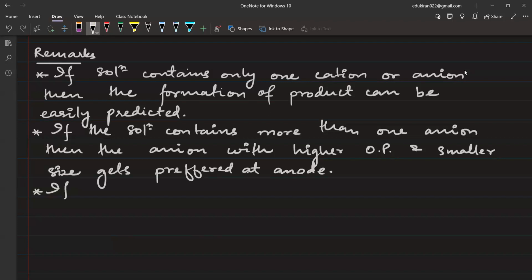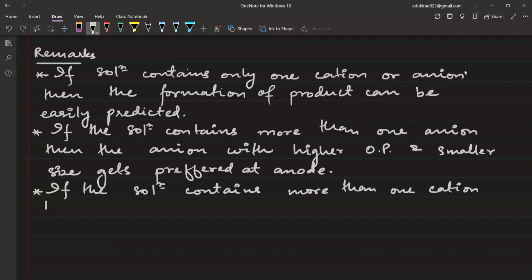Similarly, if the solution contains more than one cation, then the cation with higher reduction potential.